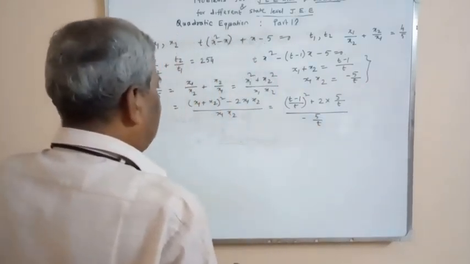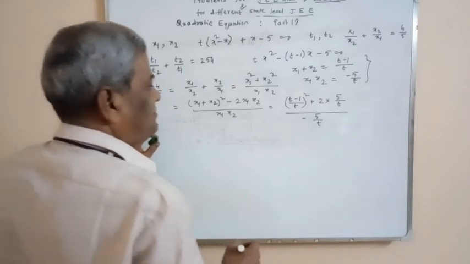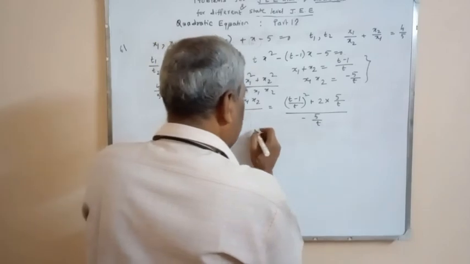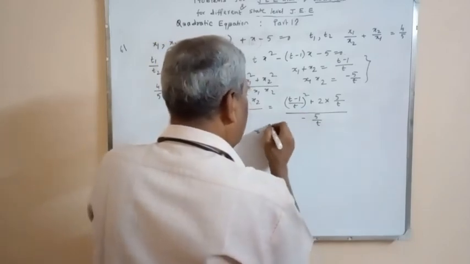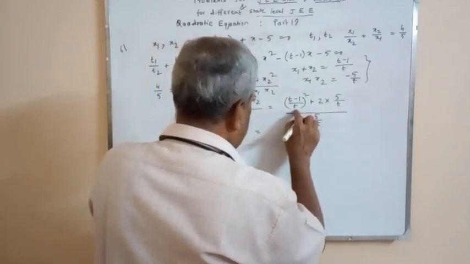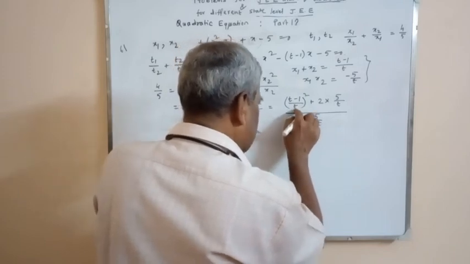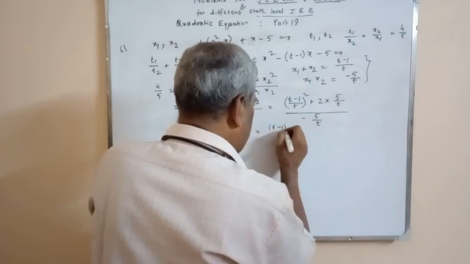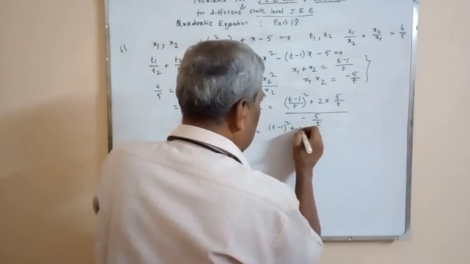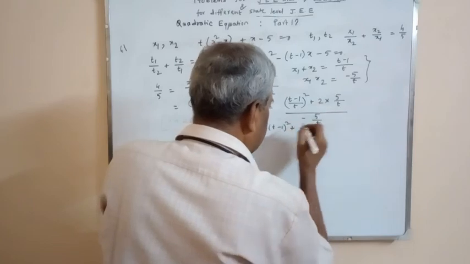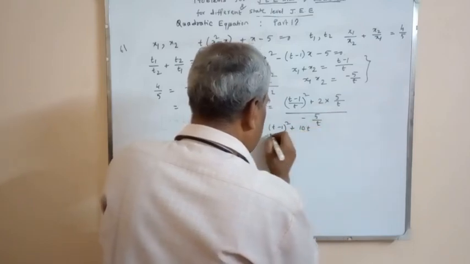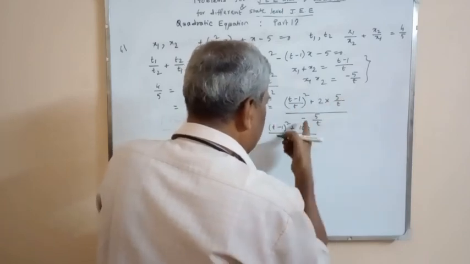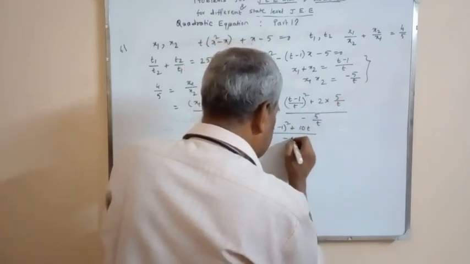Now simplifying, multiplying by t square in numerator and denominator, t minus 1 whole square plus 10t by t square. I have to multiply by t square, so t square is, it is minus 5t.